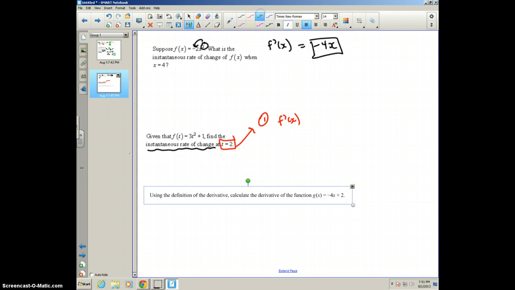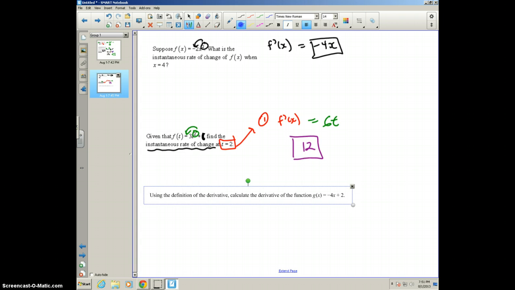So we move this 2 over, and we get 6t, and the 1 disappears because it is a constant. So we're left with 6t. We plug in 2, we get 12, and that is our answer. The answer is 12.